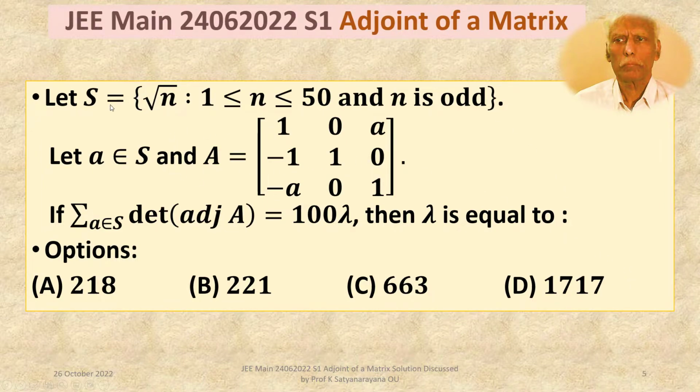We are given a set S consisting of root n, where 1 ≤ n ≤ 50 and n is odd, and a belongs to S, and we are given a 3 by 3 matrix A whose first row is 1 0 a, second row is -1 1 0, third row is -a 0 1, and if the sum of the determinant of adjoint of A, where the summation runs over all a belonging to S, is equal to 100 times lambda, we have to find the value of lambda from these given 4 options.